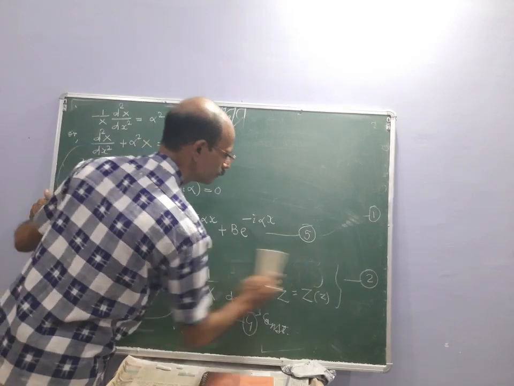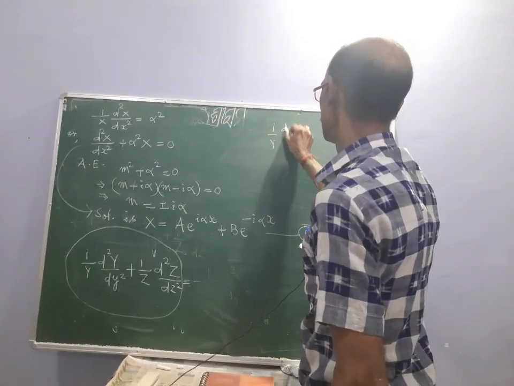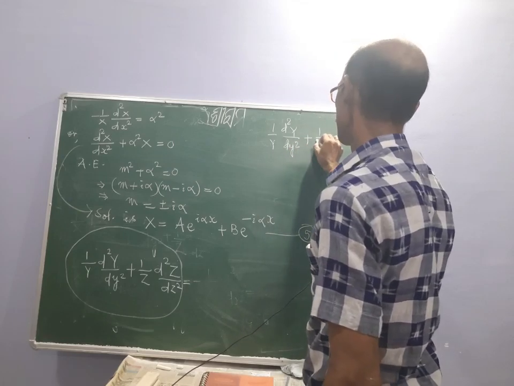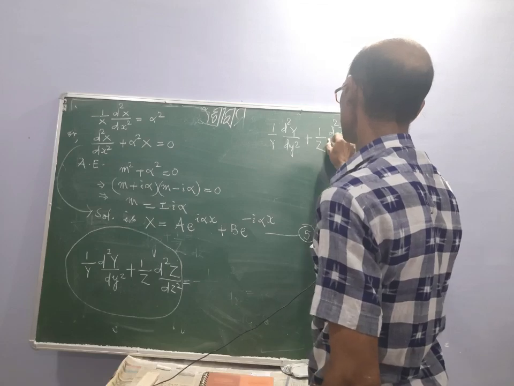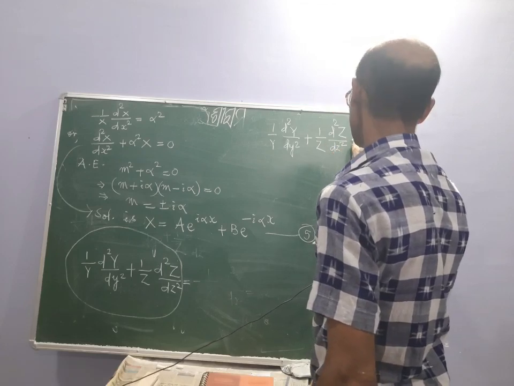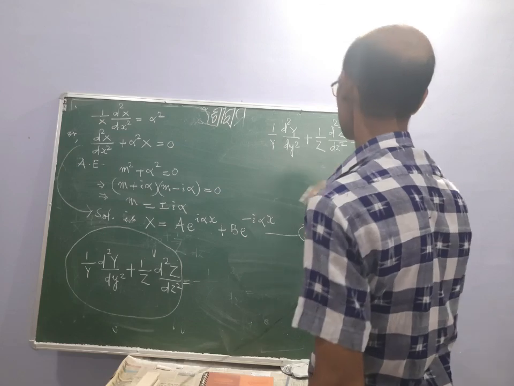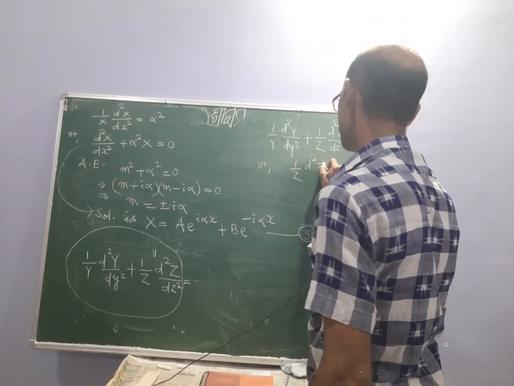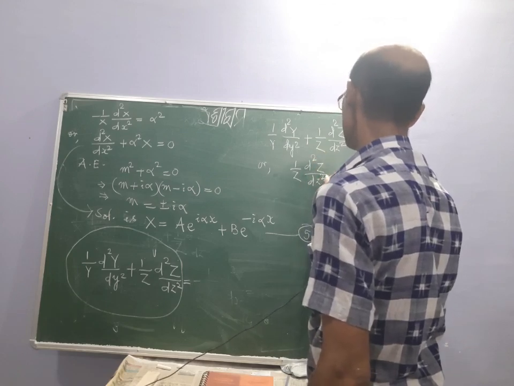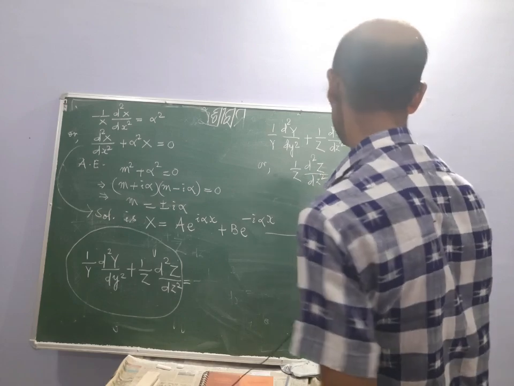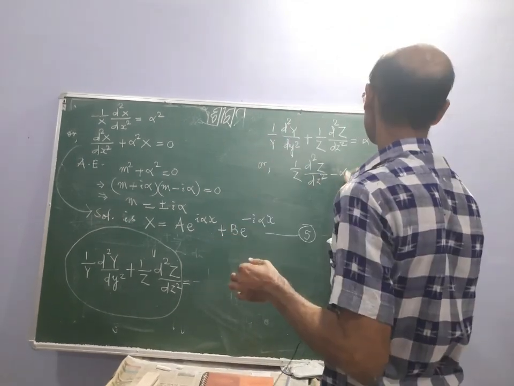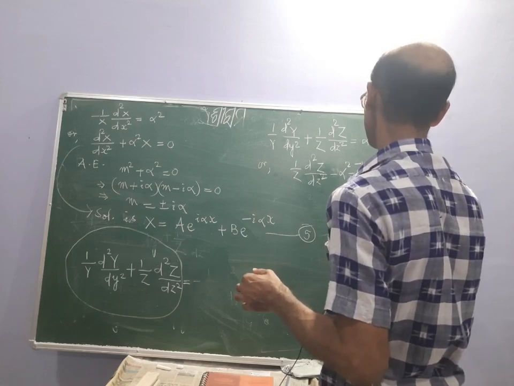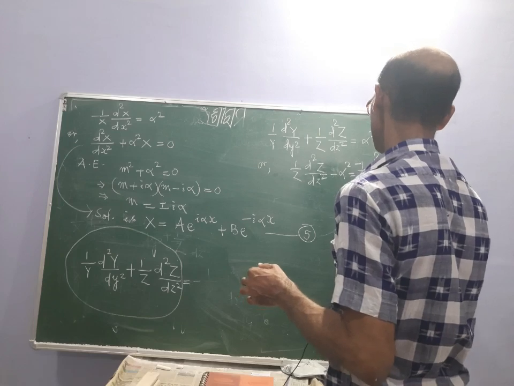So let us write 1 by Y d square Y by dy square plus 1 by Z d square Z by dz square is equal to alpha square, or I can write 1 by Z d square Z by dz square is equal to alpha square minus 1 by Y d square Y by dy square.